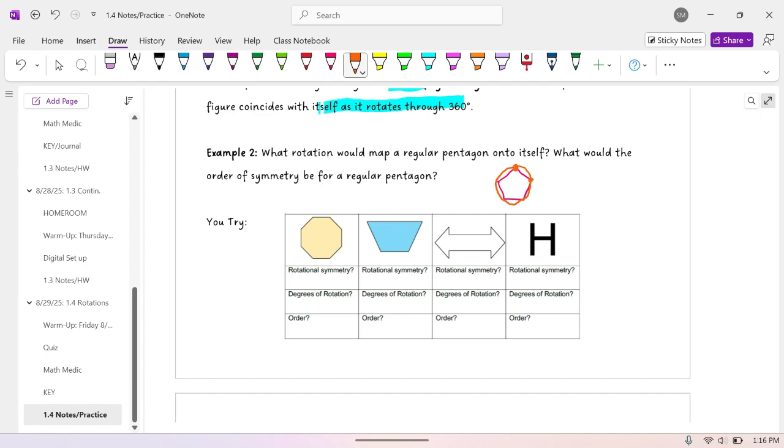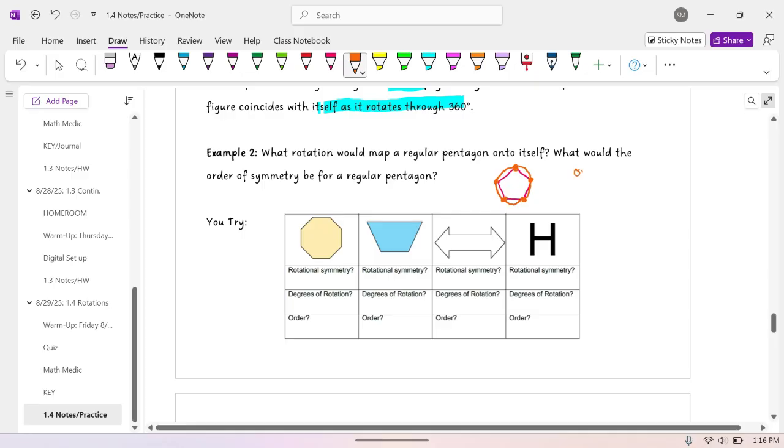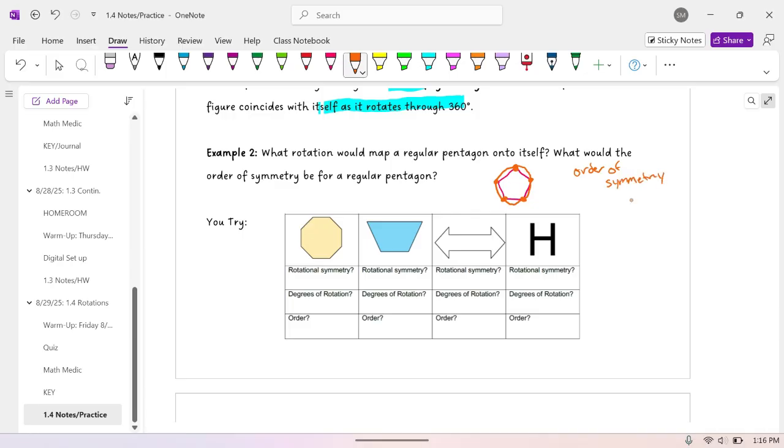It needs to hit 1, 2, 3, 4, 5 times. So the order of symmetry here is equal to 5, just like with the star. That means if we did 360 divided by 5, our degree of rotation would be 72 degrees for that pentagon.